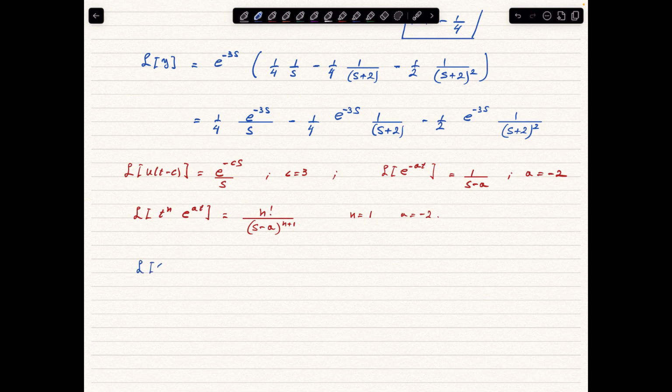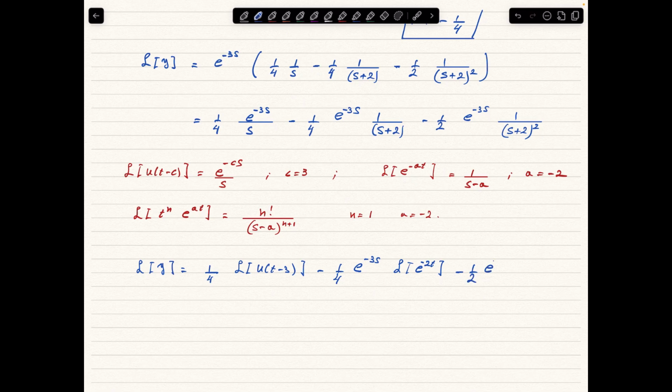With all that, our Laplace transform of y is nothing more than 1 over 4 the Laplace transform of the step u t minus 3, then minus 1/4. We still have this exponential minus 3s, but now here we have the Laplace transform of exponential minus 2t, and then minus 1/2.